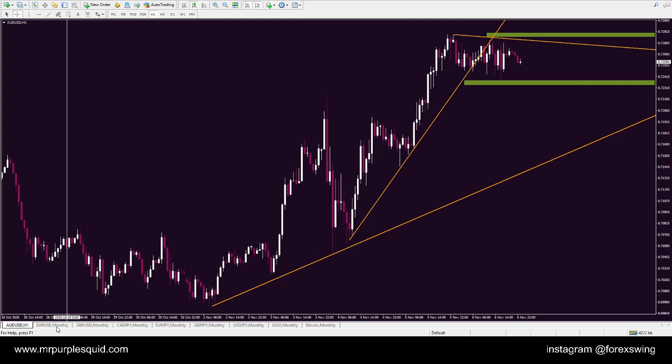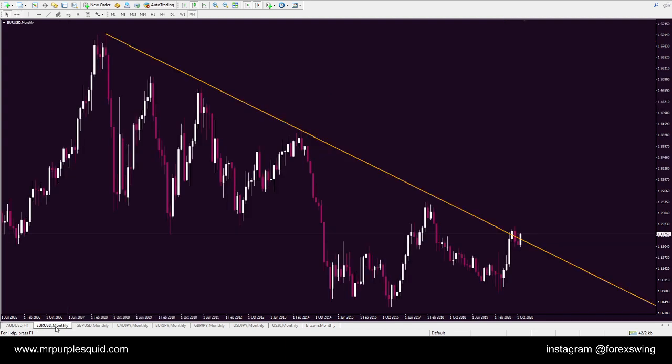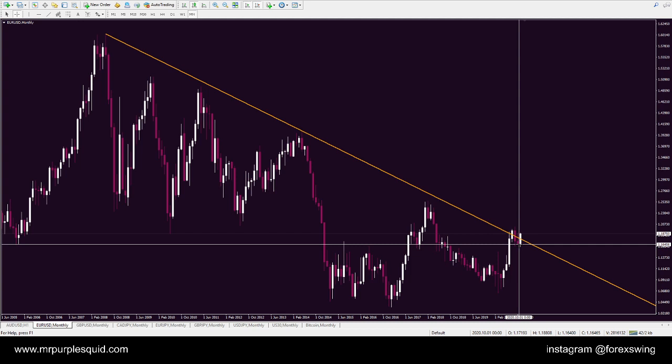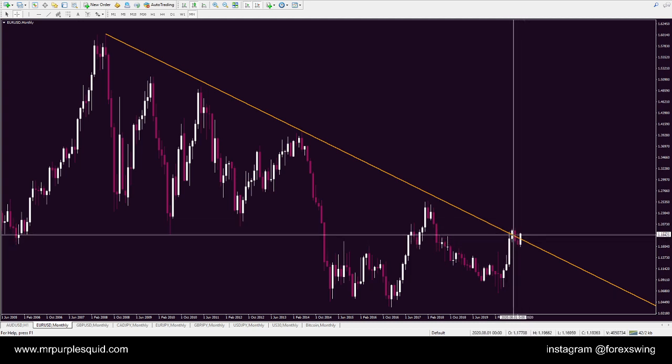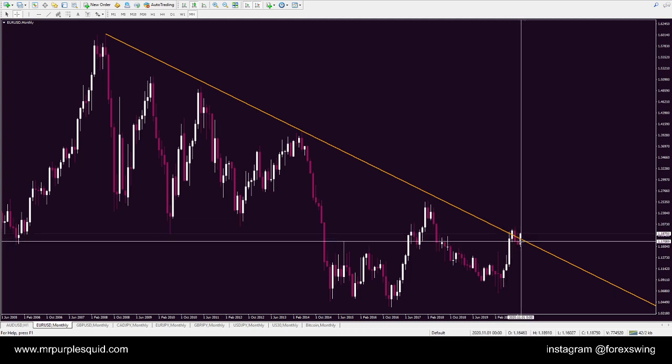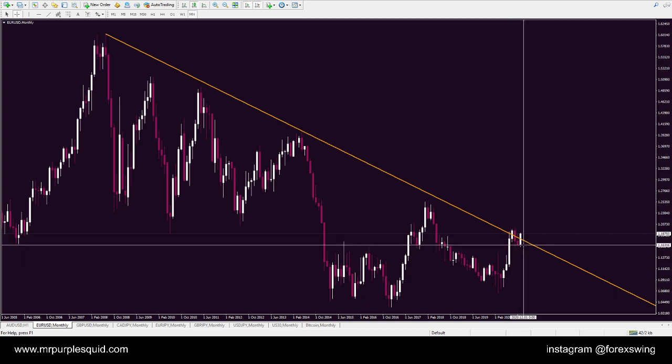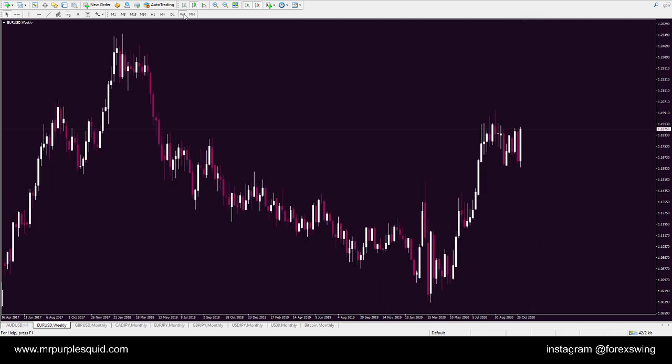All right, on to Euro USD. A similar setup to Australian USD. Price was at the bearish trend line, and we're getting some bullish move now. Looking closer at the weekly, a bullish move.